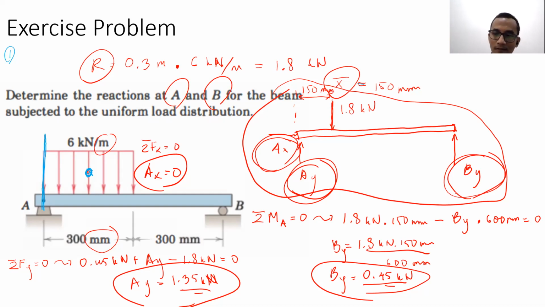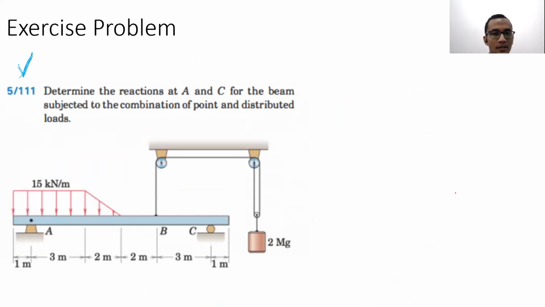So if the other question is to find out the reaction at A and at C, then you can do the same way as before. Represent the distributed force as a concentrated force at a certain location. This one is actually quite simple, right?